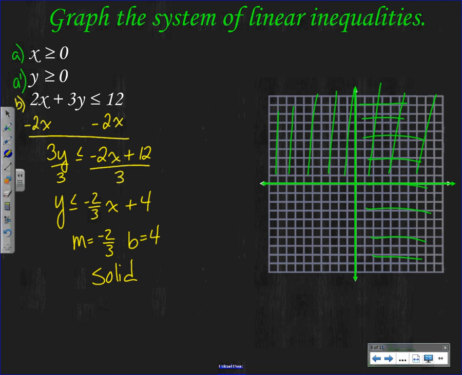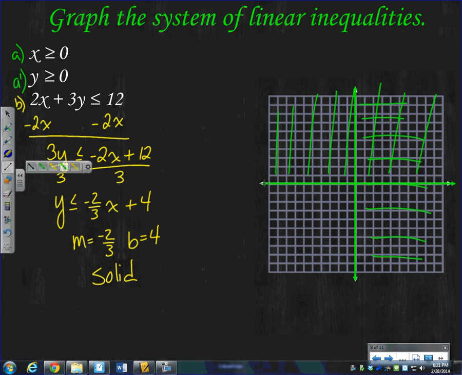I do just want to remind you guys that when we're doing inequalities, if I divide by a negative number, what happens to my sign? My inequality sign flips. I want to remind you of that for when you're doing your homework or tomorrow in class.